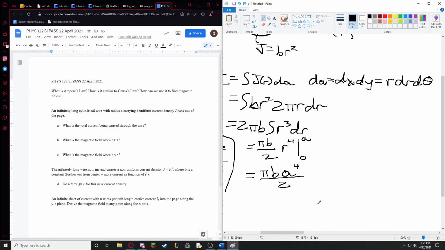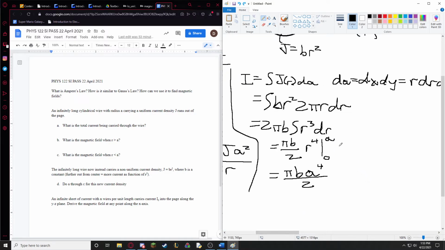So now that we found our total current, how do we go ahead and find our magnetic field when r is greater than a? What's our magnetic field as a function of the enclosed current?